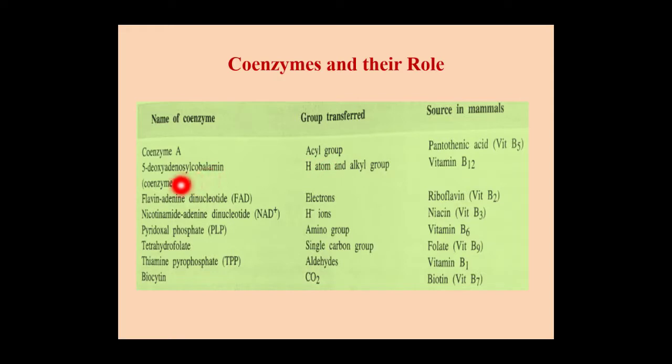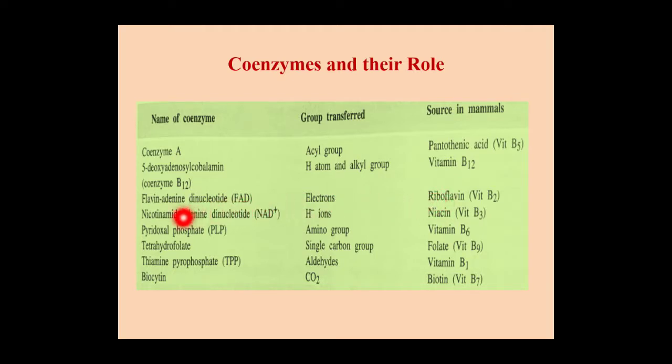Similarly, NAD+, nicotinamide adenine dinucleotide, obtained from niacin vitamin B3, transfers hydrogen ions. Pyridoxal phosphate transfers the amino group and is obtained from vitamin B6.